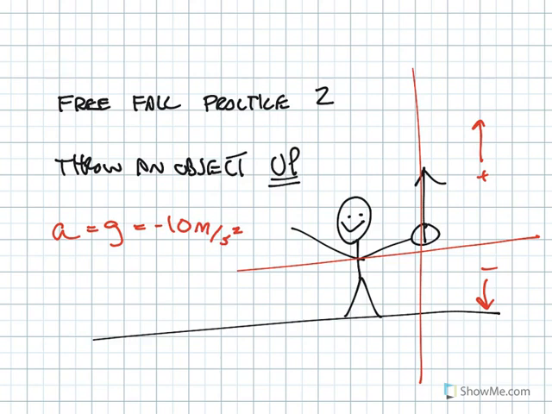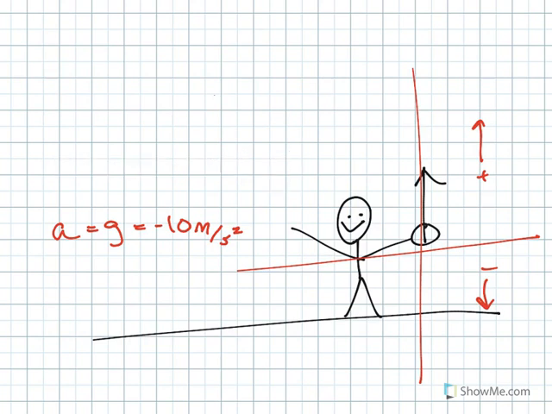And so now let's do a problem. So let's say that we toss this thing up in the air with some velocity v naught. And it goes up and then returns and it reaches back to its initial position after a total time of 4 seconds.